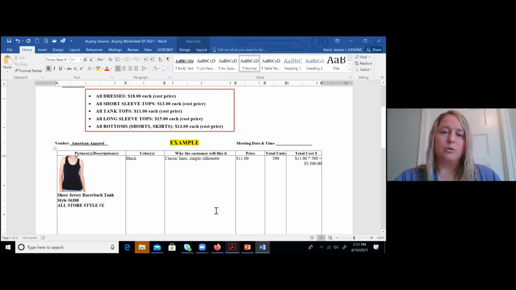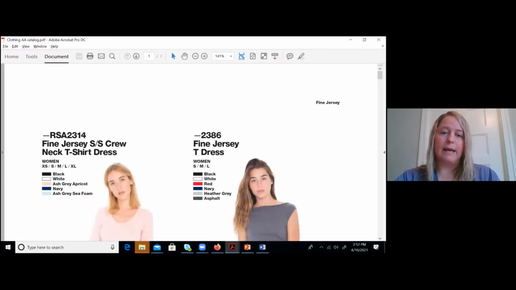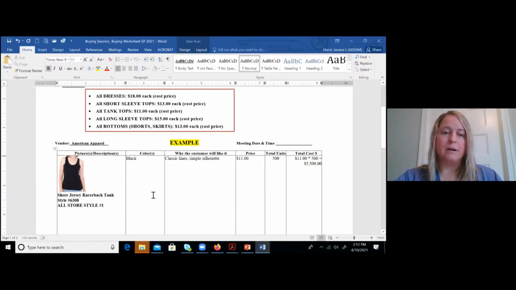So we only have 2 different documents to go back and forth from: this PDF document of our American Apparel items and our worksheet here. So I did one for you. I just went in and snagged a copy of this racerback tank, put in the style number, and this is going to be considered my all store style number 1.